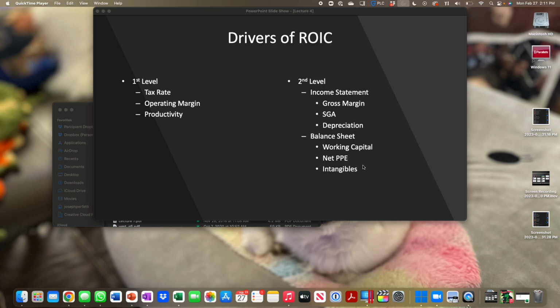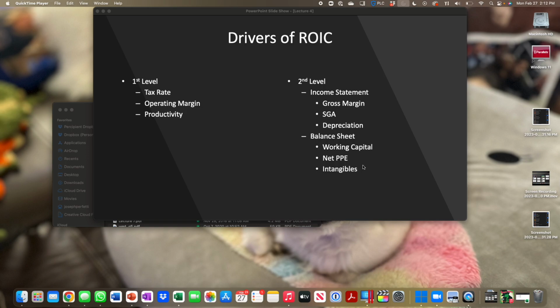When we look at the balance sheet, three things, the second level drivers will explain our overall invested capital to sales ratio at the balance sheet. How much we spend on working capital as a percentage of sales, how much we spend on property, plant, and equipment as a percentage of sales, how much we spend on acquisition premiums, known as goodwill, as a percentage of sales, right? And as we know from the book, goodwill is operating.